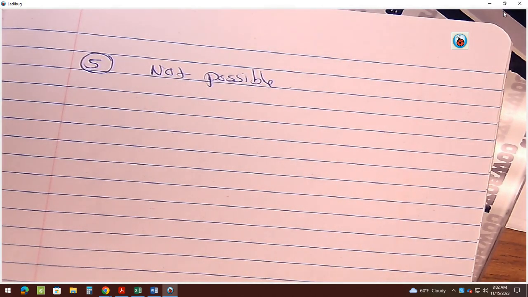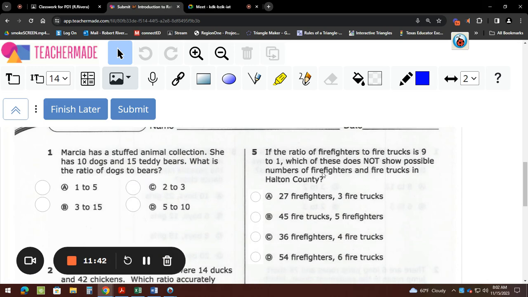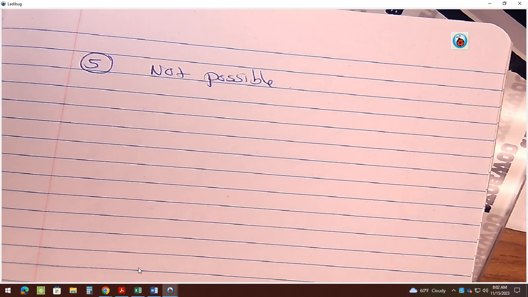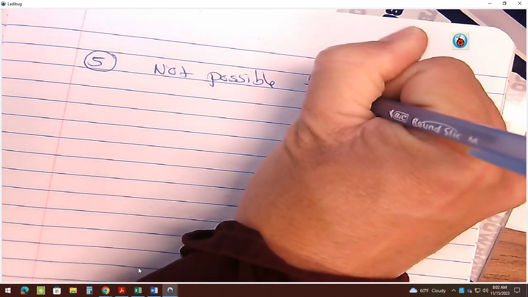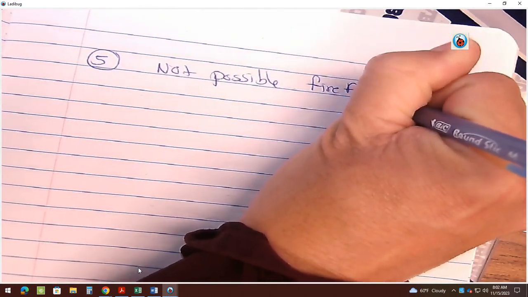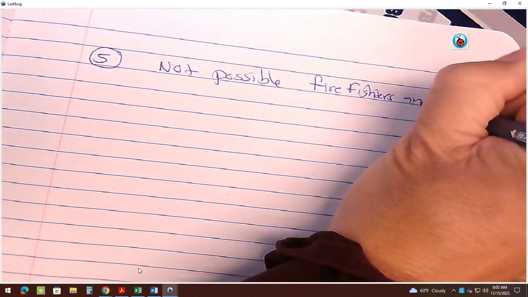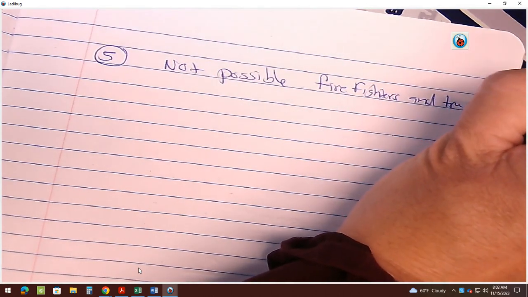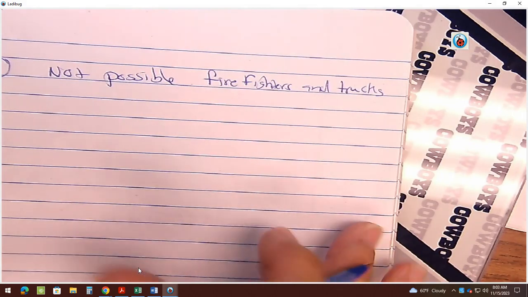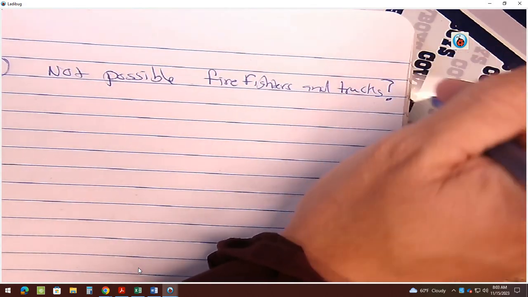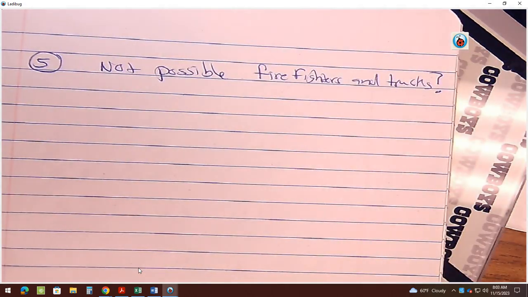Okay? Not possible of what? Not possible of firefighters and fire trucks. I'm just going to put trucks because it's the fire trucks, obviously. So this is a question. They want to know which one is not possible. ¿Cuál no es posible? Okay?